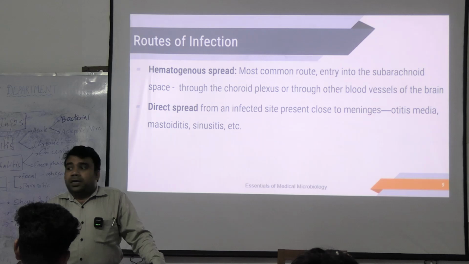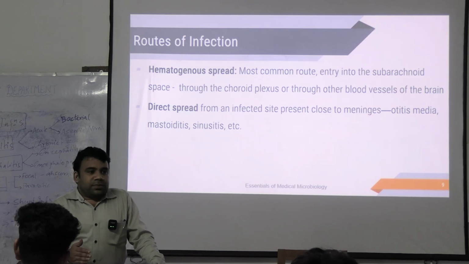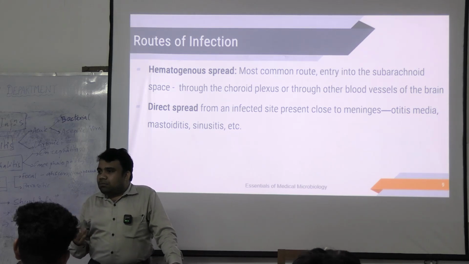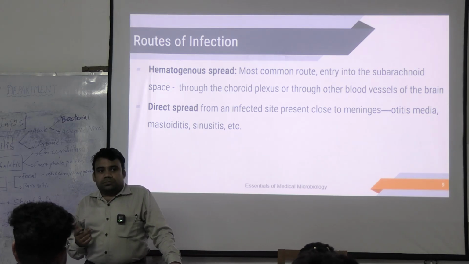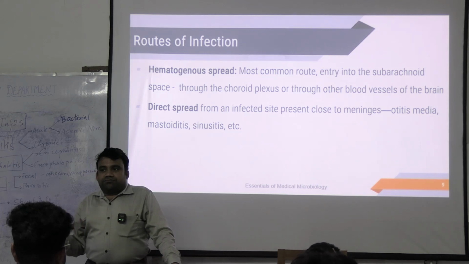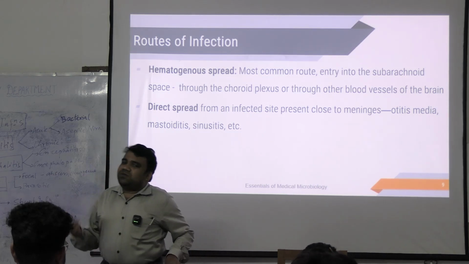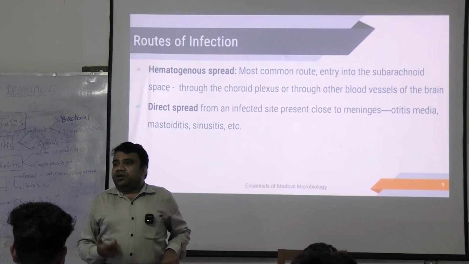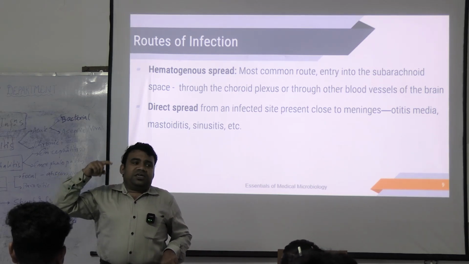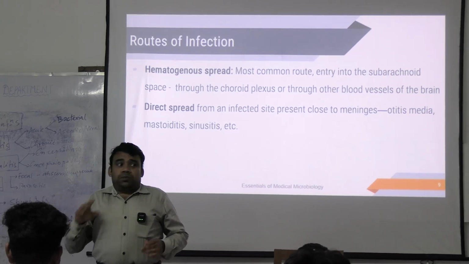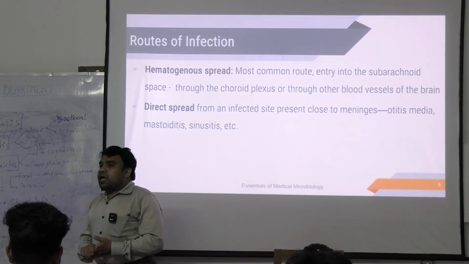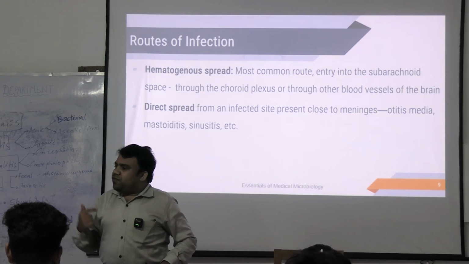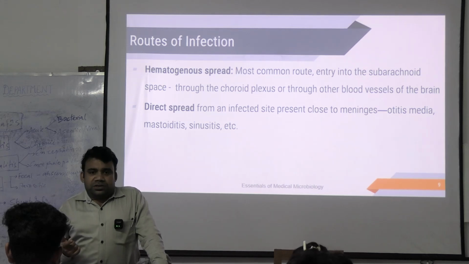Another route is through direct neural invasion. There is one particular nerve which is directly connected. Can you name it? That nerve is responsible for one of the 5 senses. Olfactory nerve. That is, the nerve ending is present in the olfactory bulb. Many organisms, especially many bacteria, will colonize the nasopharynx, and from there, through the olfactory bulb, can cause direct infection of the CNS.